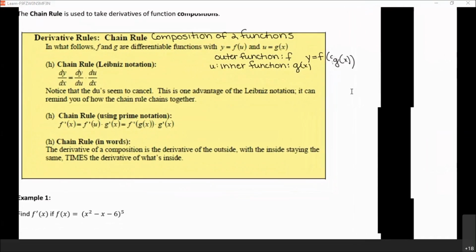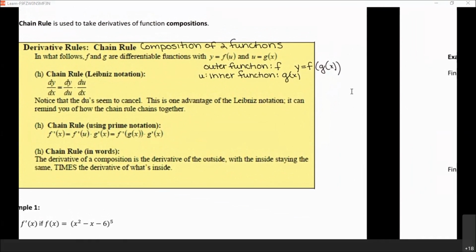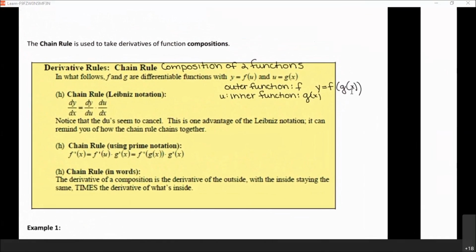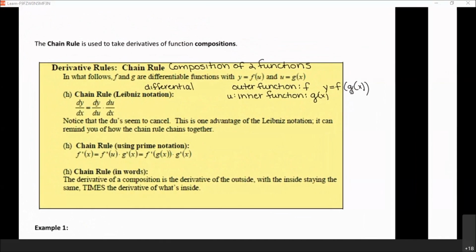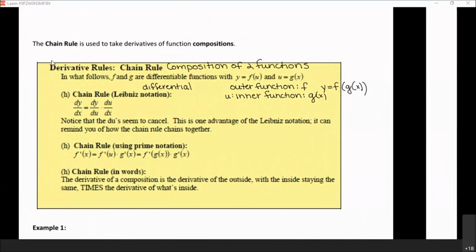You will also see the chain rule in what they call Leibniz or differential notation. That's another term for these fractional things. This says the derivative of y with respect to x, because x is your input variable. So you want to see how y is changing as x changes. That's what the with respect to means.